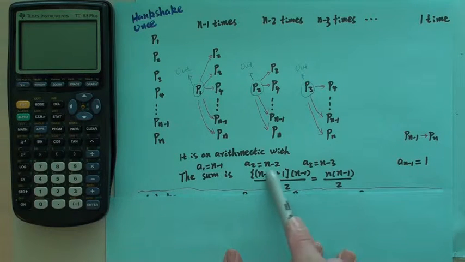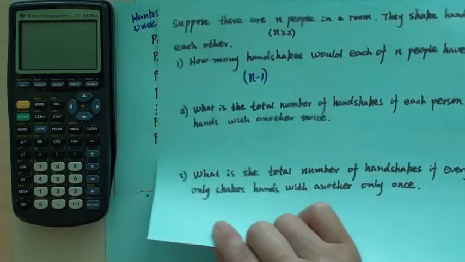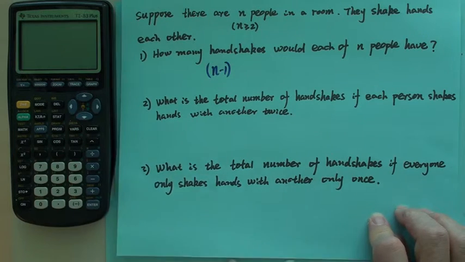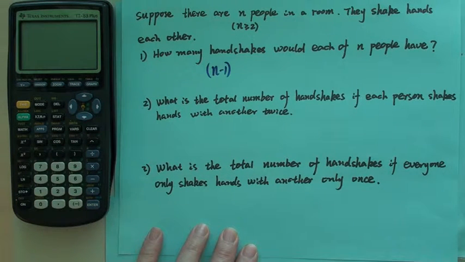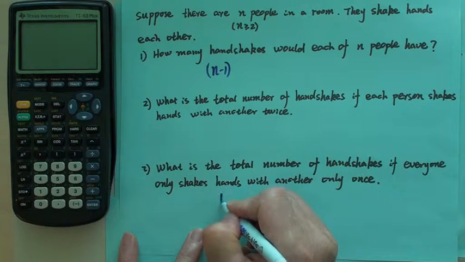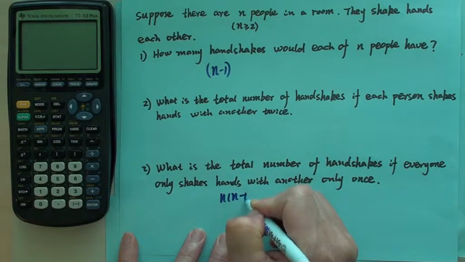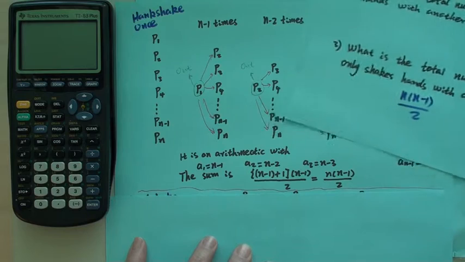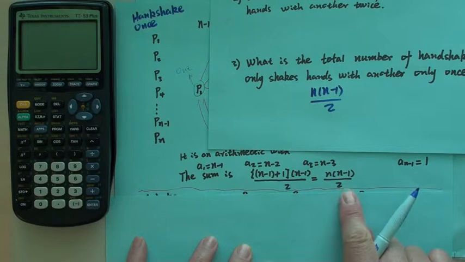So you get the first quantity is just n, the second quantity is n minus 1, divided by 2. So for question 3, the answer you may put down here is an easy one. Again, here will be n times n minus 1 divided by 2. That's the one we got from here.